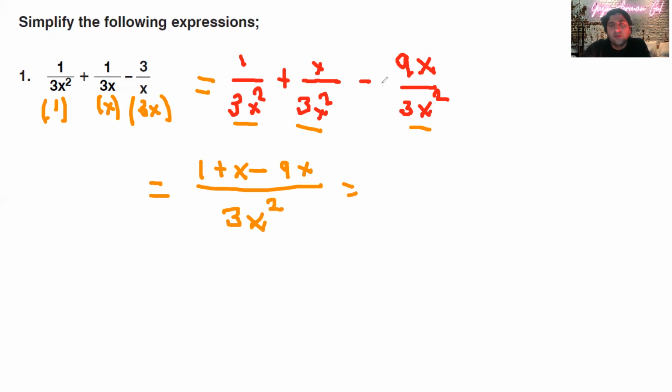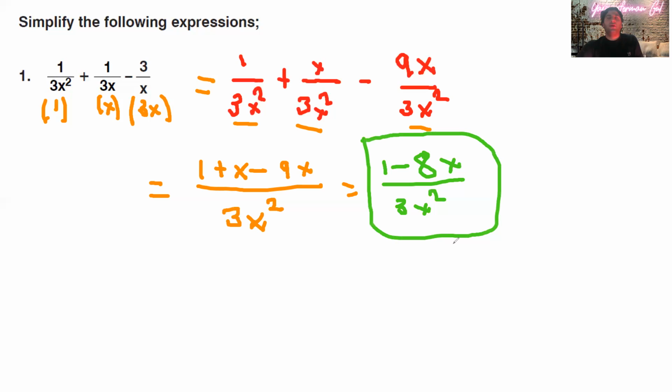Okay. So when I do this, guys, then it's going to be like this. x minus 9x will be minus 8x, 1 plus x minus 9x will be 1 minus 8x over 3x squared. And then this is going to be my answer.